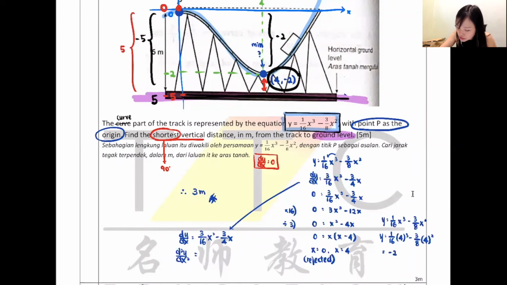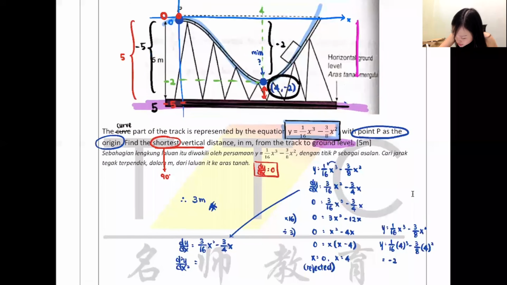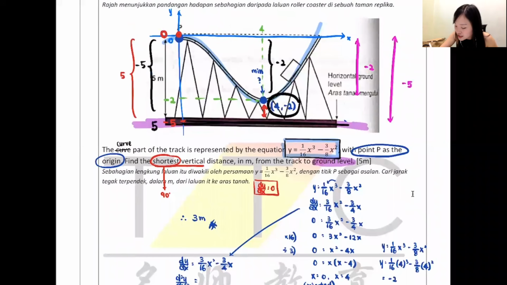Here to here, -2. Here to here, -5. And the question is asking the vertical distance from the lowest point to the floor. Isn't it they are finding this point? So 5 meter, 2 meter, that's why the leftover is 3 meter. Like that, you understand?